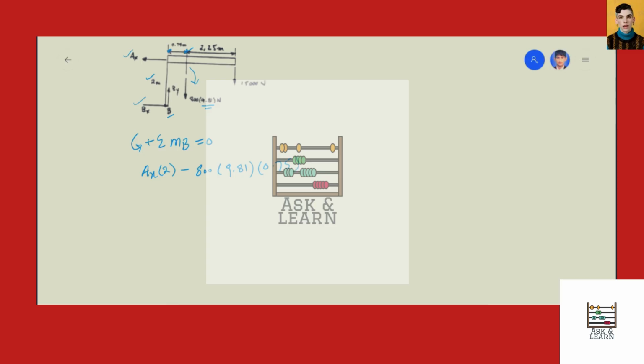And the other force, which is acting in this direction, is minus 15,000 Newton, or 15 kilonewton. This is the F force.